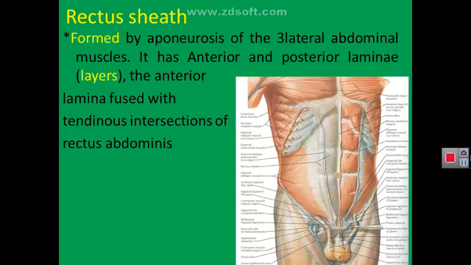So now we have to talk about the rectus sheath. It is defined as a sheath formed by the aponeuroses of the flat anterolateral muscles. It has an anterior wall covering the rectus abdominis muscle and a posterior wall behind this muscle. The anterior wall is fused with the tendinous intersections of the rectus abdominis muscle.